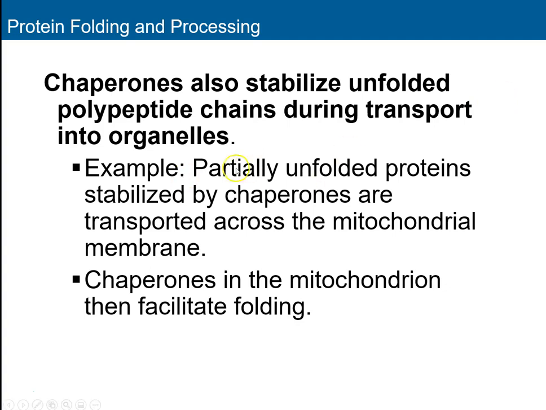For example, partially unfolded proteins are stabilized by chaperones as they are transported across the mitochondrial membrane. These are proteins that are going to be used in the mitochondria. They're made in ribosomes in the cytoplasm, but they need to get into the mitochondria. Then chaperones in the mitochondria facilitate folding.